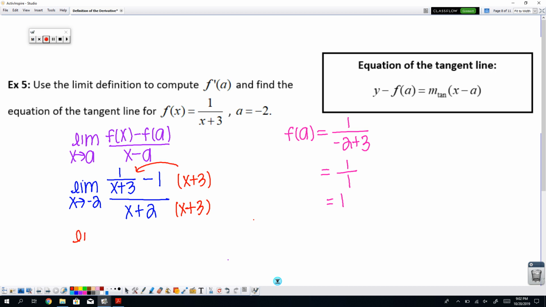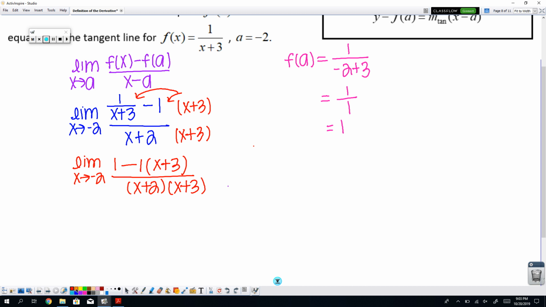So the limit as x approaches negative 2. So here and here they cancel, so that's 1 minus. Then you distribute here, there's nothing to cancel with. So minus 1 times x plus 3. On the bottom, everything just stays, so x plus 2, x plus 3.